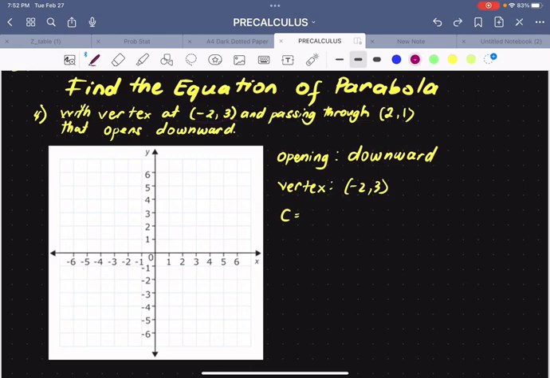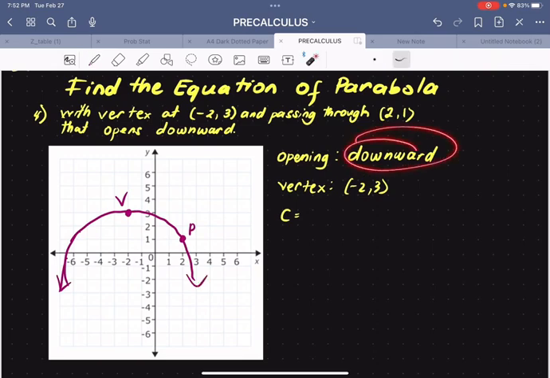So this is our vertex. And the point is passing through 2, 1. So this is a point on the parabola. So opens downward. So the point is passing here.